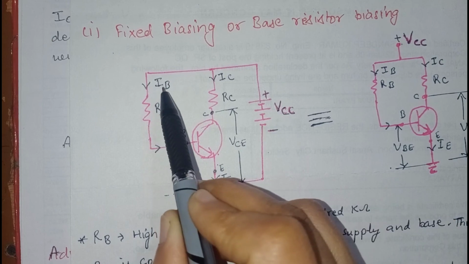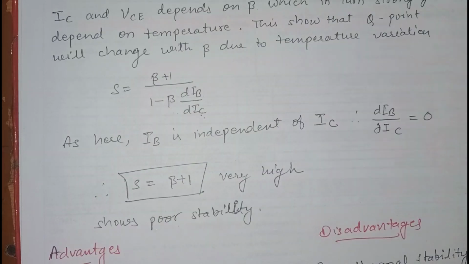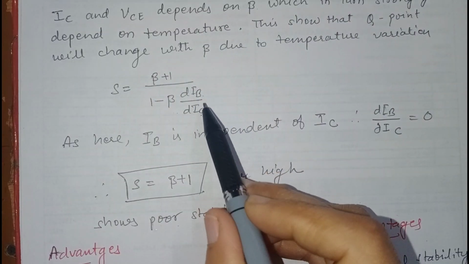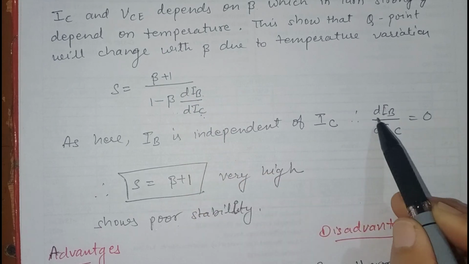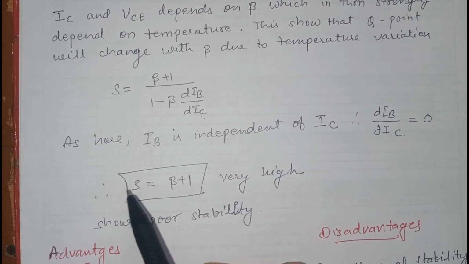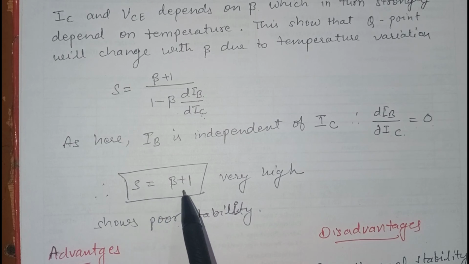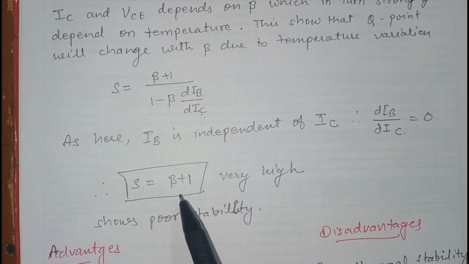So IB depends upon VCC, not on IC. That's why this term becomes 0. So delta IB upon delta IC equals 0. So the stability factor is S equals beta plus 1, which is a very high value. A high value of stability factor shows poor stability.